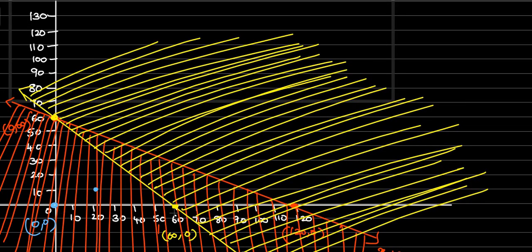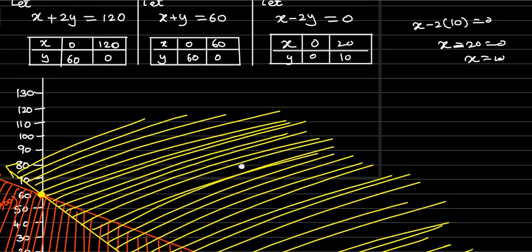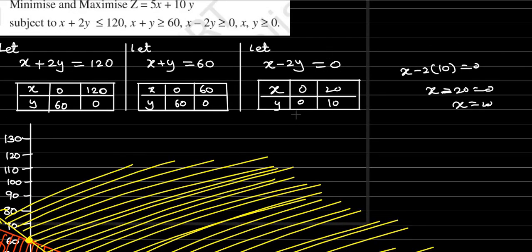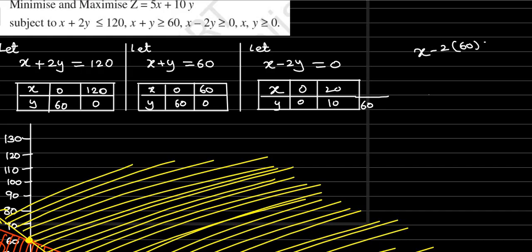Now, extending, let me take one more value also. I'll take y as 60. Using a scale and extending is also fine, but anyway, if y is 60, what x value do we get? 120.